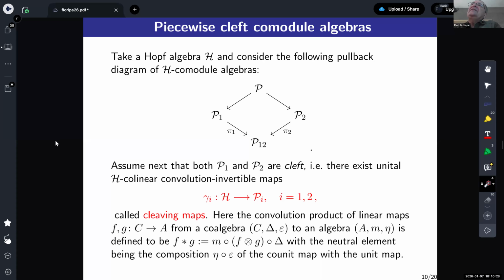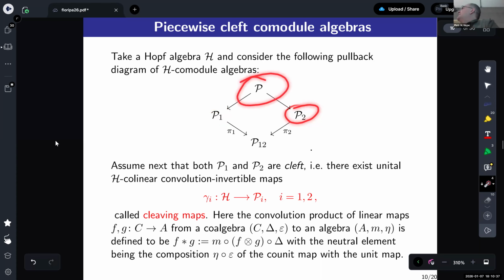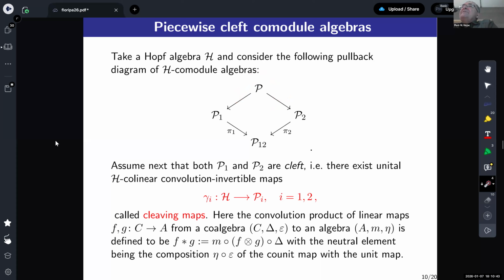Our theorem says that if P1 is principal and P2 is principal, if the two coactions are principal, then the pullback coaction is also principal. This is a very difficult theorem, in my opinion. And the way we prove it is that given a strong connection on P1 and a strong connection on P2, assuming just that one of these maps is surjective, we construct a strong connection on P. And if you want, this is an equivariant version of Milnor.